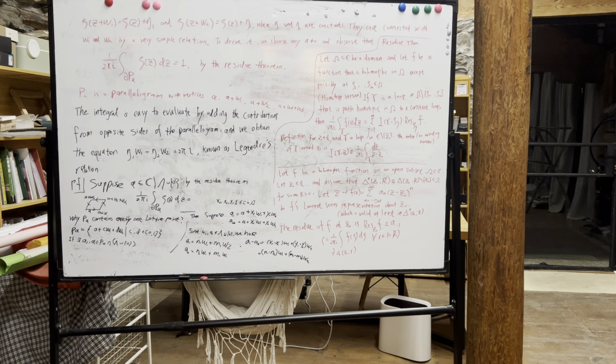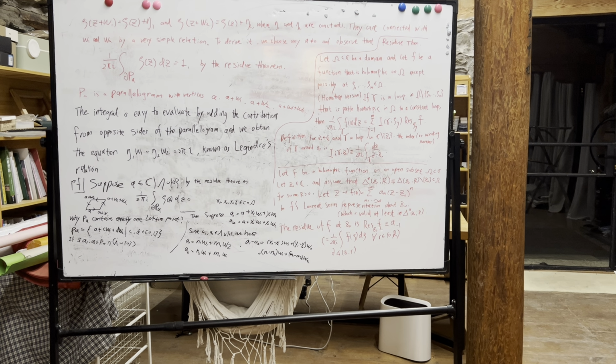So this means what? Linearly independent means that if you have a1 omega 1 plus a2 omega 2 equal to 0, right, then this implies that a1 equal to 0 and a2 equal to 0.